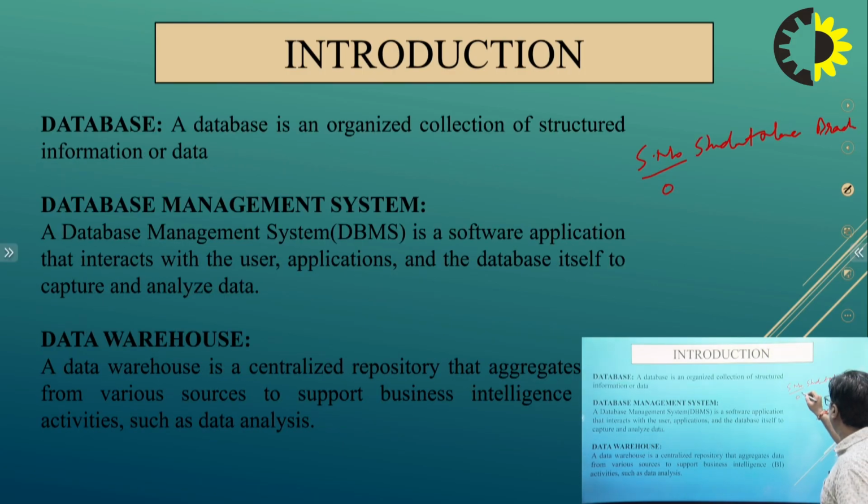Serial number is 1, student name is Rahul and branch is mechanical. It means all the information and data are related to each other. Rahul is a student name and his serial number is 1 and his branch is mechanical. It means database is a collection of structured information or data.